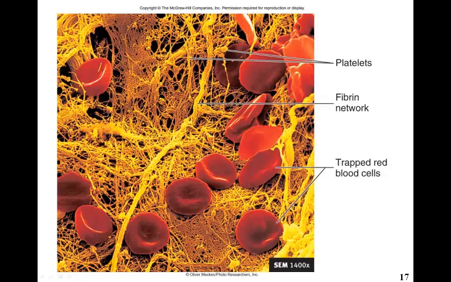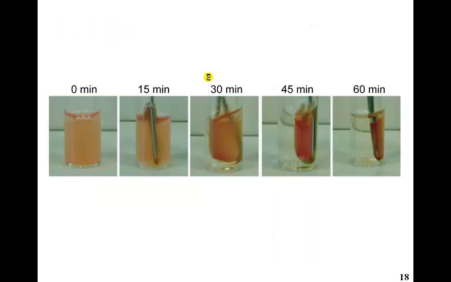So here's a really extreme close-up of a blood clot, and we'll talk more about blood clots in a bit. But a blood clot is basically a big network of protein fibers, and it's formed to seal off bigger breaks, and platelets can help trigger the formation of a blood clot, as we'll see.